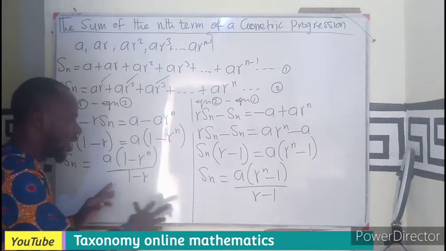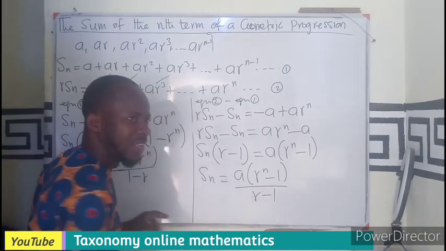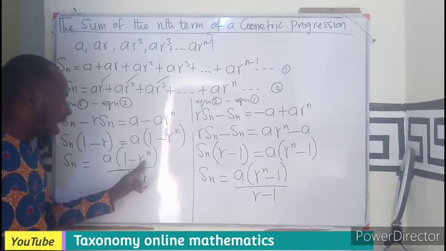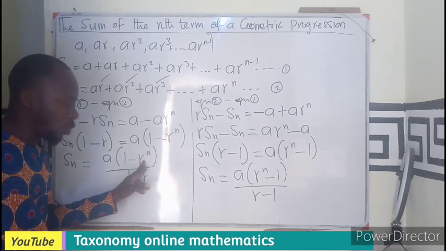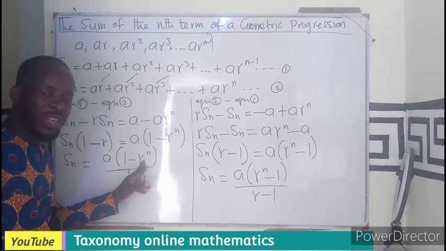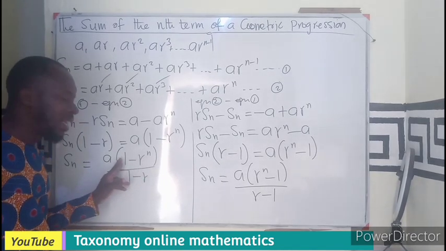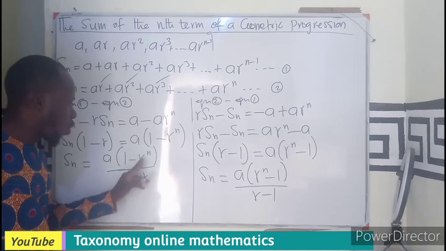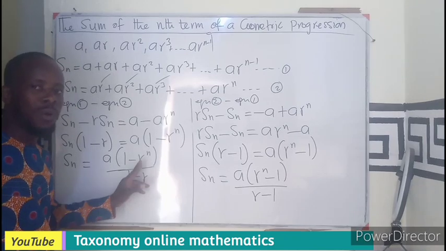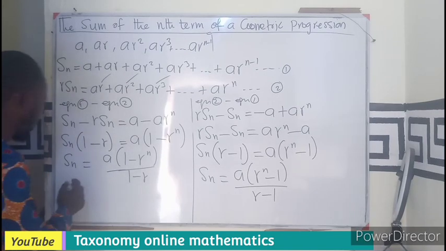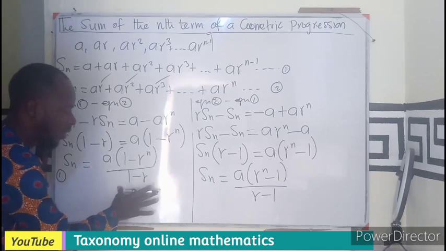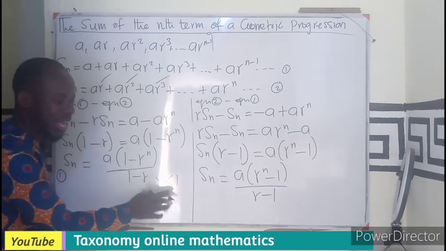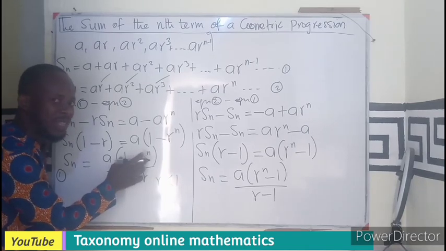So we are going to use the two formulas based on the condition that if I have my common ratio, if this common ratio is bigger than 1, you'll be getting a negative answer. So in this case, you expect your common ratio to be less than 1. So this first formula is going to have a condition whereby R is less than 1, the common ratio is less than 1, in order to get a positive value here.